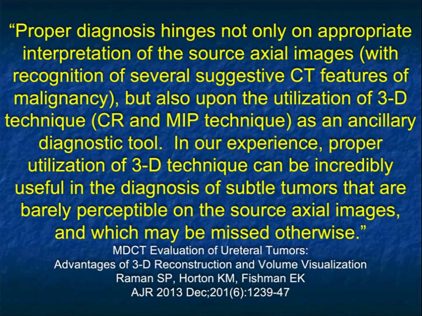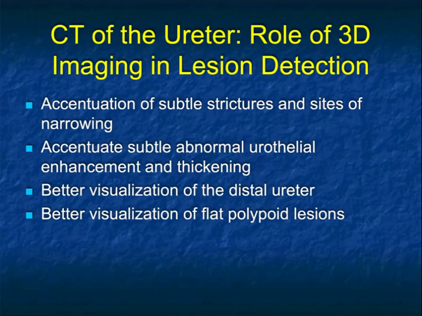So we go on to make the point that you need to look at multiplanar and 3D. One thing that I mentioned that may be of value is to routinely look at MIP imaging. MIP can show you transitions, can show you filling defects, can show you tumors. So again, it can be very, very valuable in this scenario.